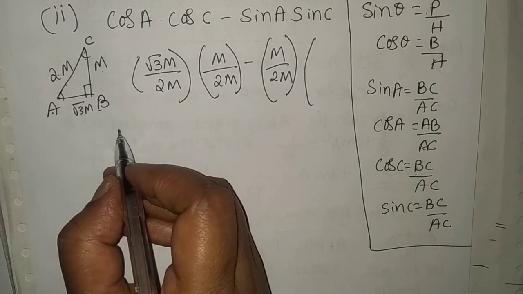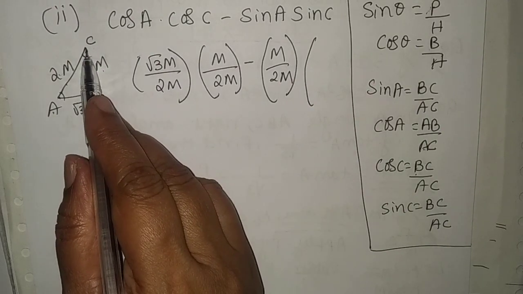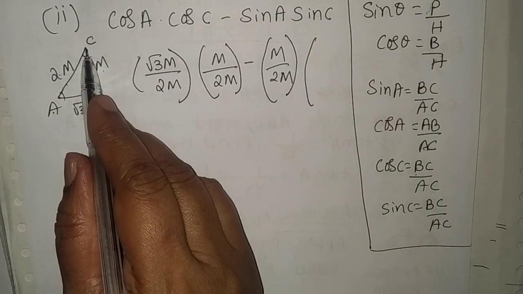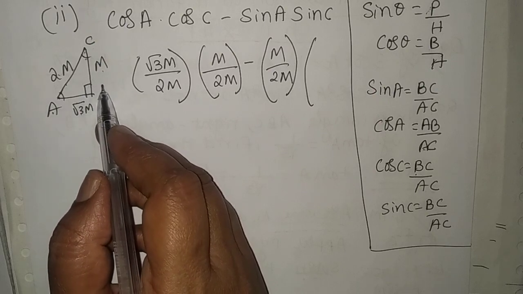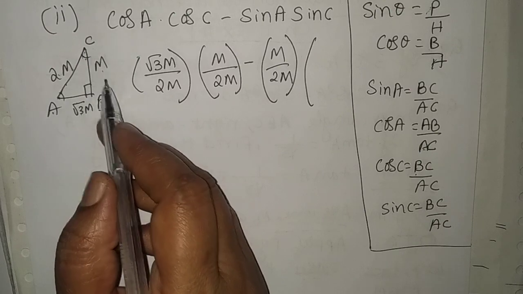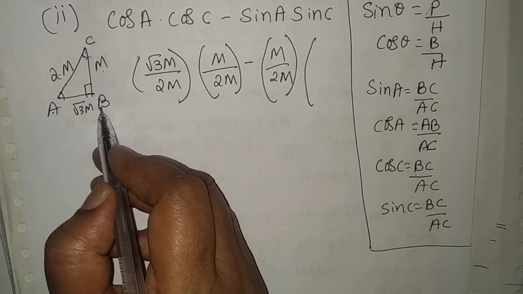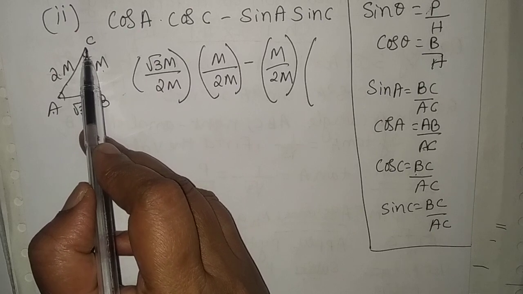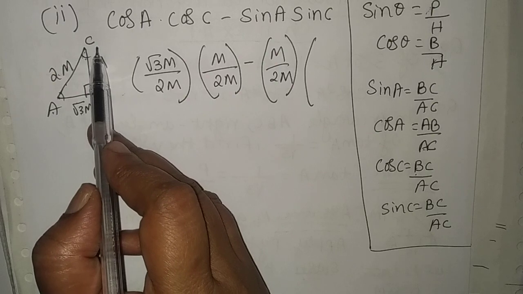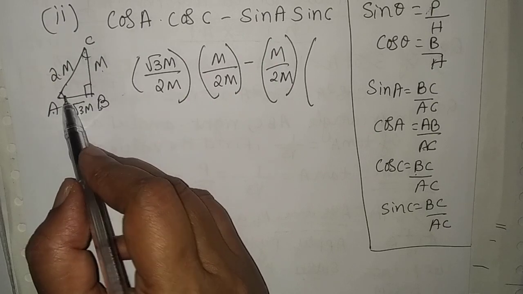So finally sin C, with regard to this angle, will be perpendicular by hypotenuse. So what is perpendicular here? That is AB by AC. Sin will be perpendicular by hypotenuse.